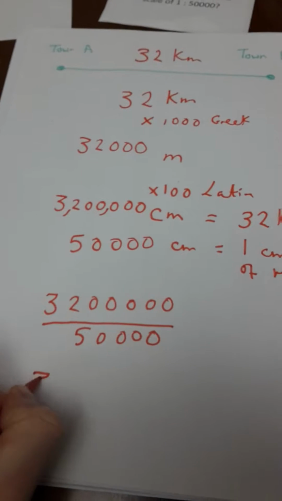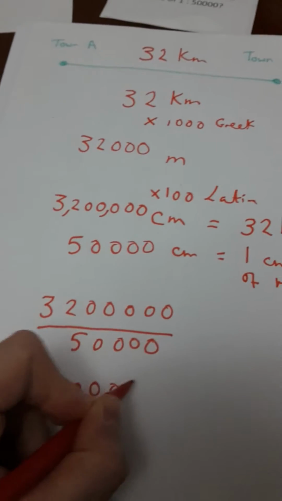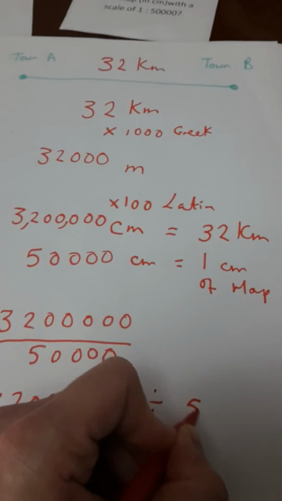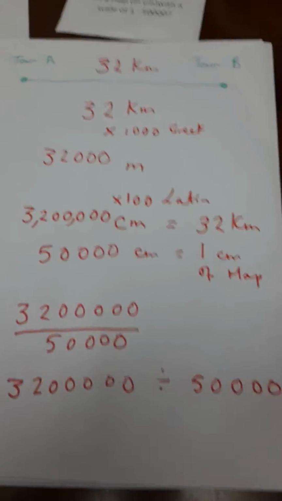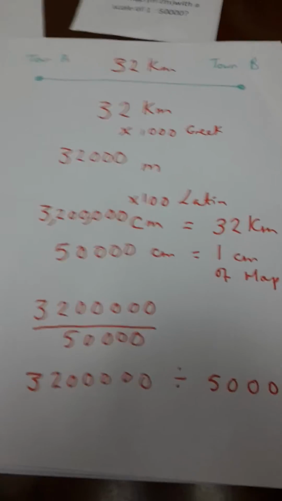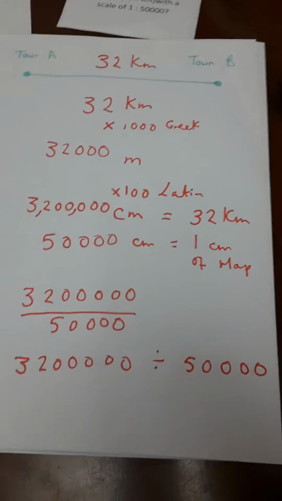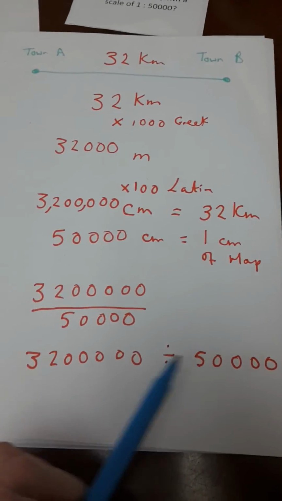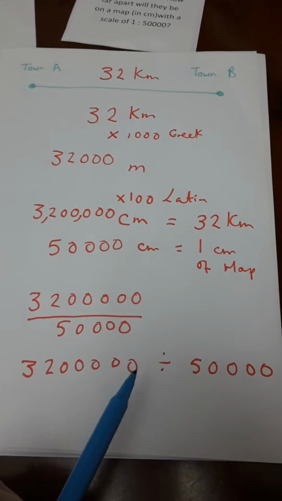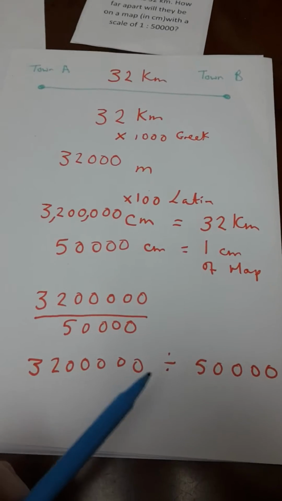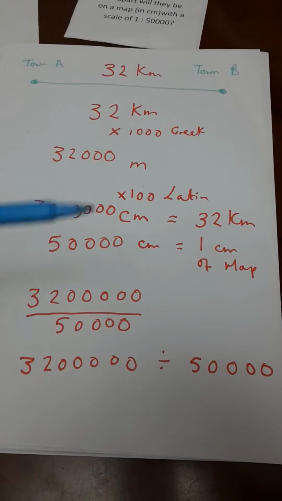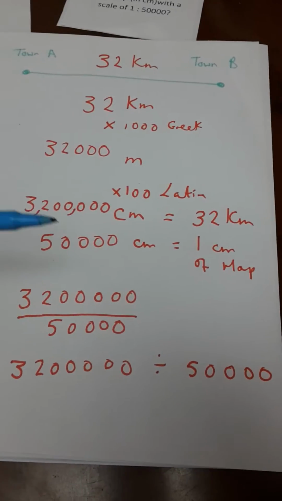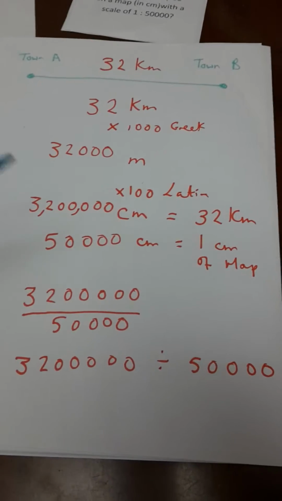Or I can also write it like this. Now, if you can remember, when we covered dividing by decimals, if you divide both sides or multiply both sides by the same number, you end up with an identical answer, because if you treat them both in the same way, their relationship doesn't change.